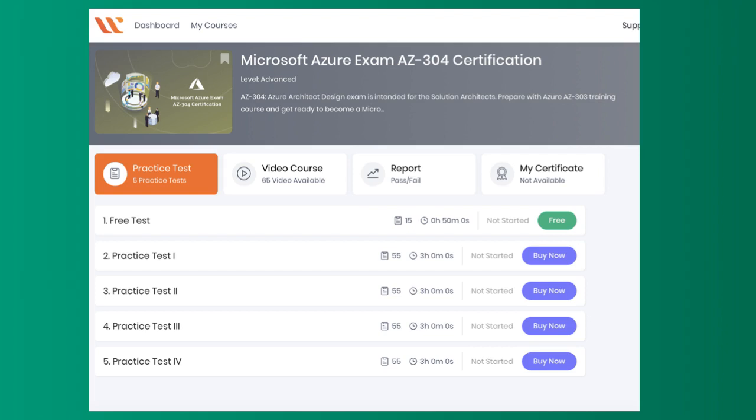Maybe not, definitely not Terraform. And yeah, you can try the free test, which has 15 questions, and if you're happy with it, then you just make a purchase. I think it's around £10. Sometimes there are offers and discounts on the web portal, and yeah, you get four other practice tests, which have about 55 questions.